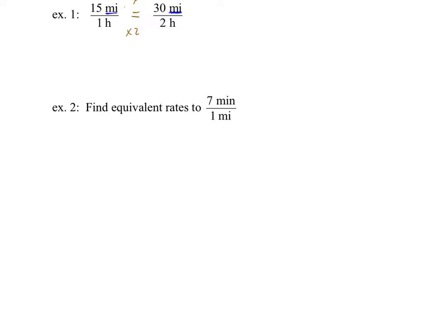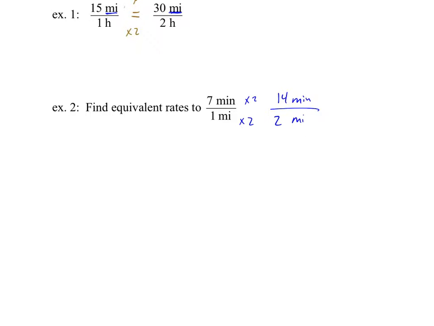The second thing that you might run into is when it's saying, make an equivalent rate or equivalent ratio to something. So how can I make an equivalent rate to 7 minutes per 1 mile? I could say times 2. That gives me 14 minutes per 2 miles.